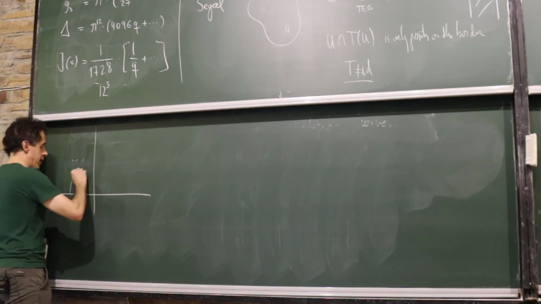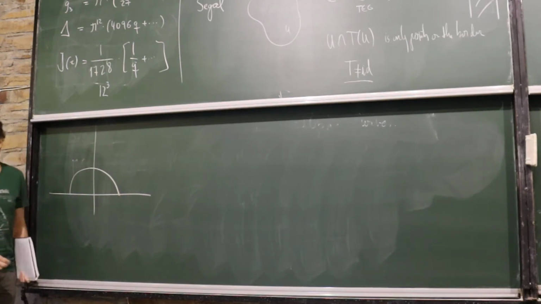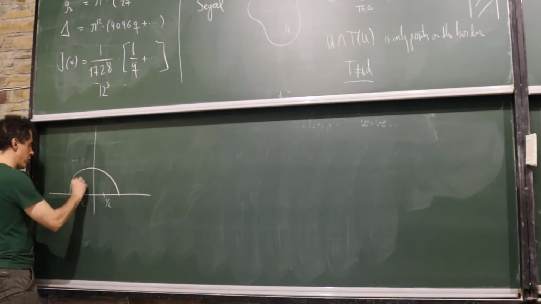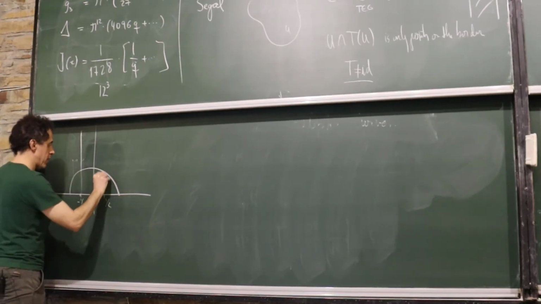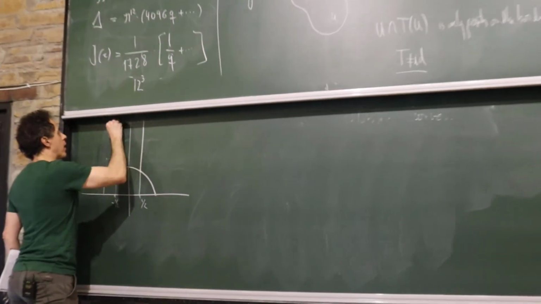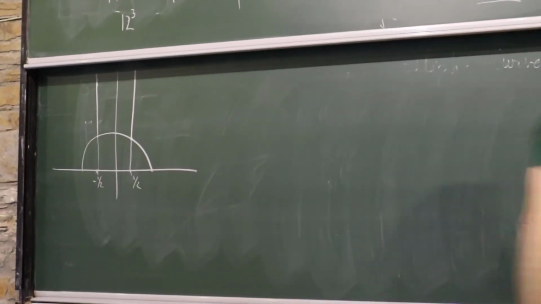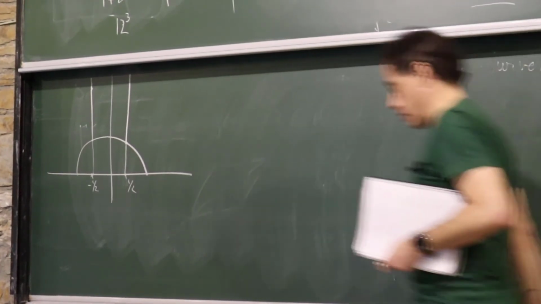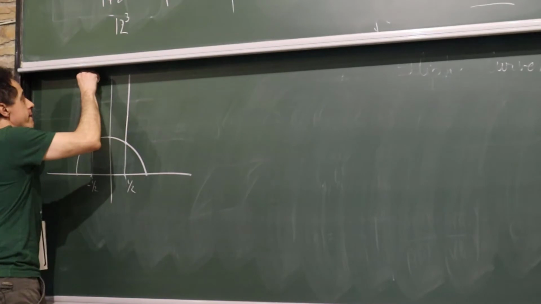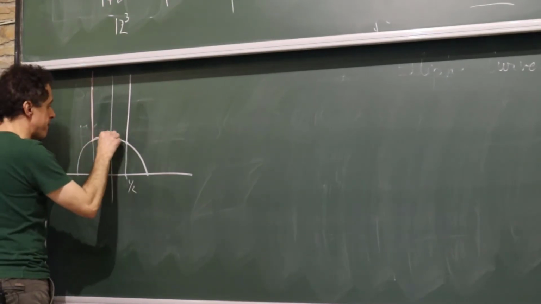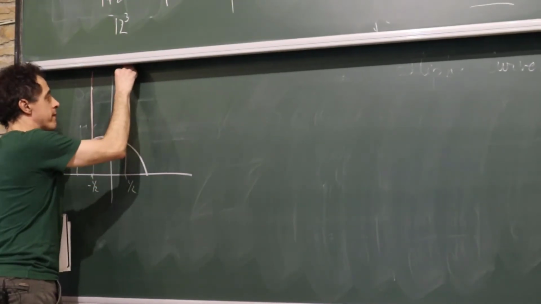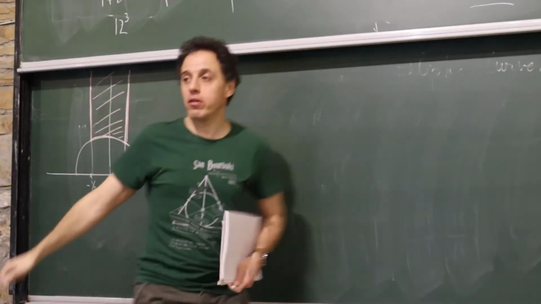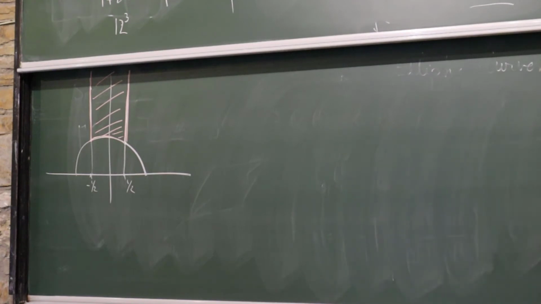So the fundamental domain is the following set. Take the half circle of radius 1 here. Take the points minus 1 over 2 and 1 over 2. And I take some color chalk. So this is a fundamental domain for the modular group.